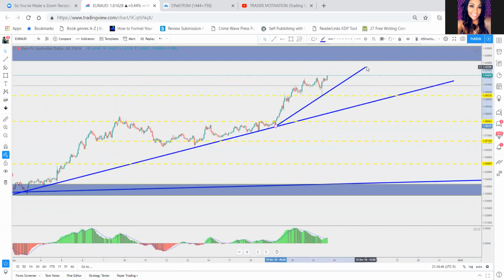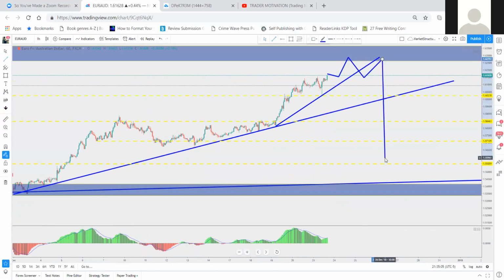And I could extend this up into that zone, okay? So looking at this market, you see it pushes, pulls back, push, pull back, push, pull back, and it's starting to get weaker. So you probably see some more pullback, and then into here, we can see it break, retest, and then come back down.